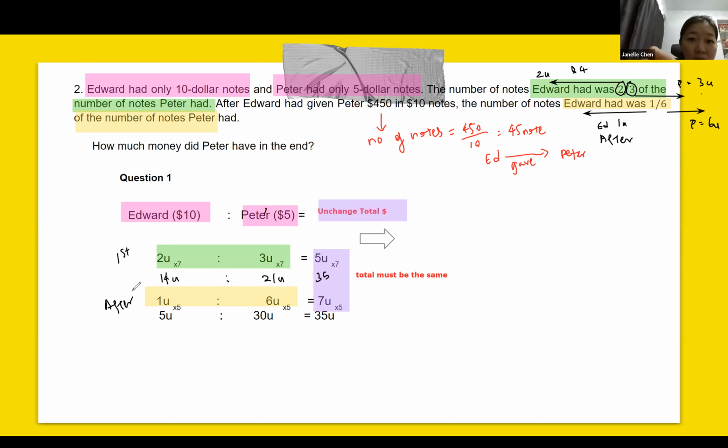And then let's compare them. The change here is equal to 9 units. This and this is also 9 units, because one gives away 9, one receives 9. And that 9 is equal to the 45 notes that we found right at the start, which I was trying to say is important. So there are 45 notes here.